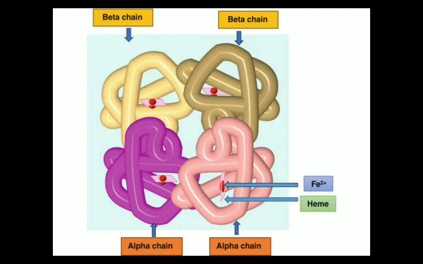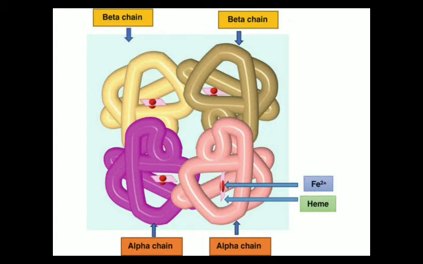So what is hemoglobin? It is a pigment which is present in the RBC, and this hemoglobin is made up of 4 different chains of protein, that is 2 alpha chains and 2 beta chains. So how many protein chains will be present in hemoglobin?